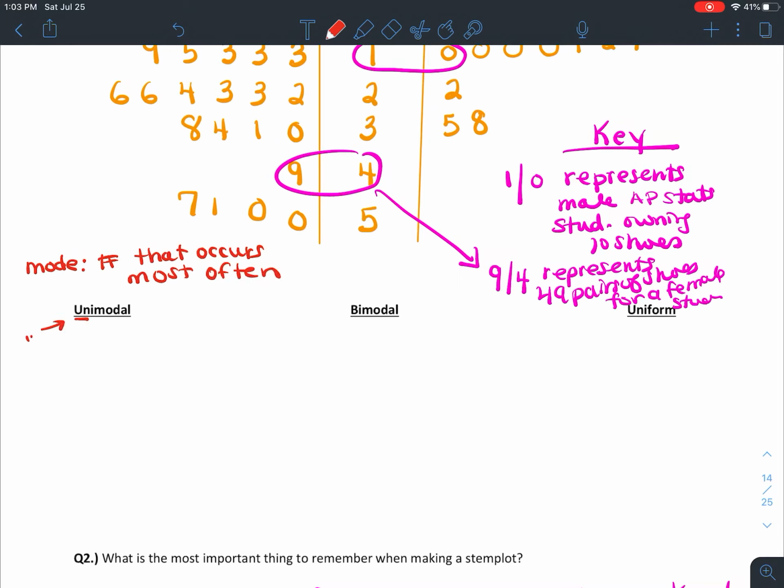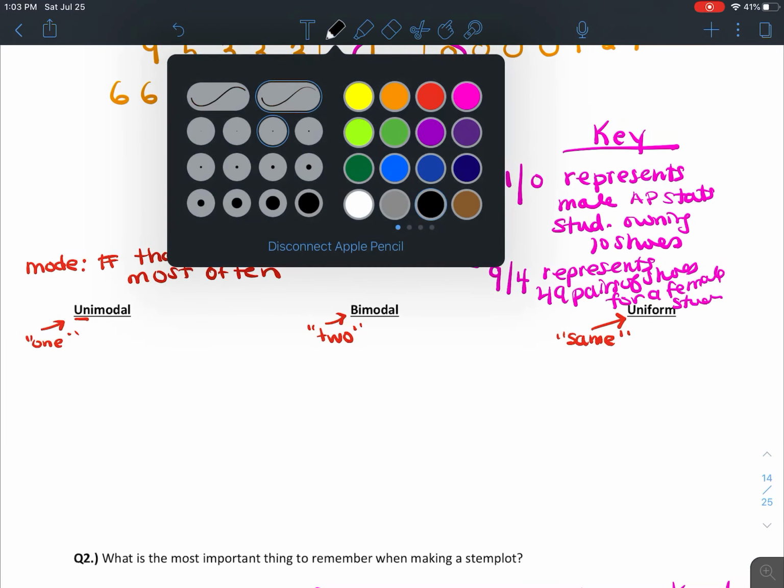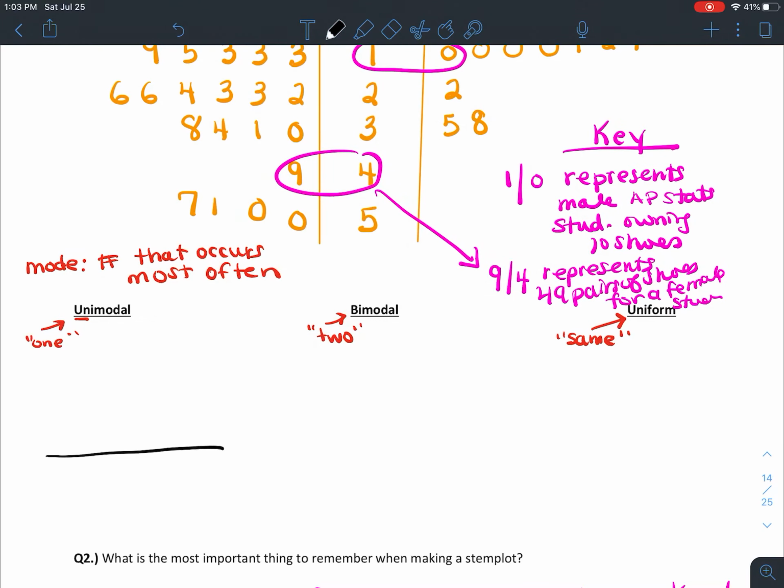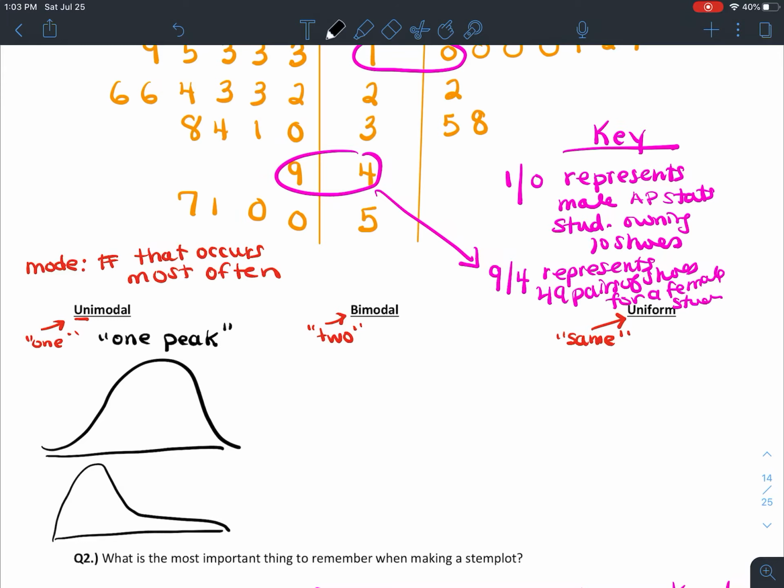So when you hear the phrase unimodal, uni means 1, bimodal means 2, and uniform means same. When we talk about a shape being unimodal, that means that it has 1 peak to it. So technically, roughly symmetric would be unimodal.